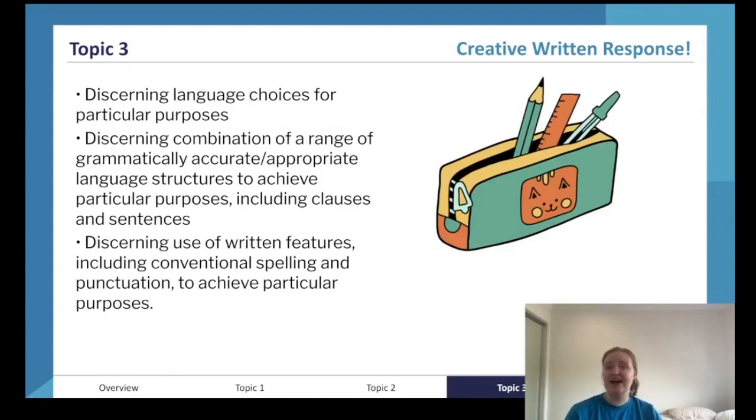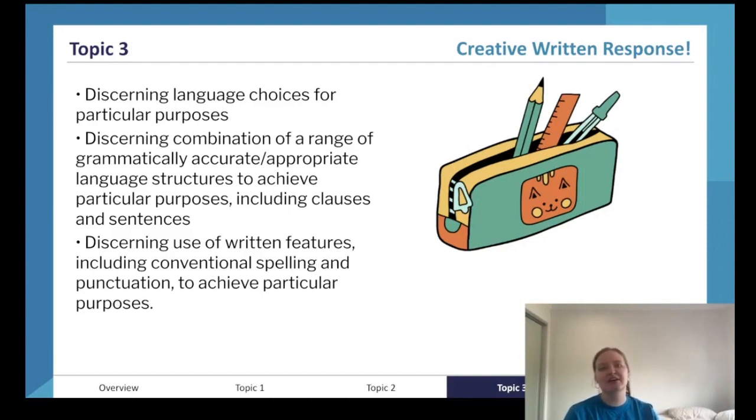You also need to have discerning language choices for particular purposes, as well as discerning combination of a range of grammatically accurate and appropriate language structures to achieve particular purposes, including your clauses and sentences. So in creative writing, you can be a little bit more free with how you approach creating your language structures. You're not confined to that really formal academic tone that you have for most analytical tasks.